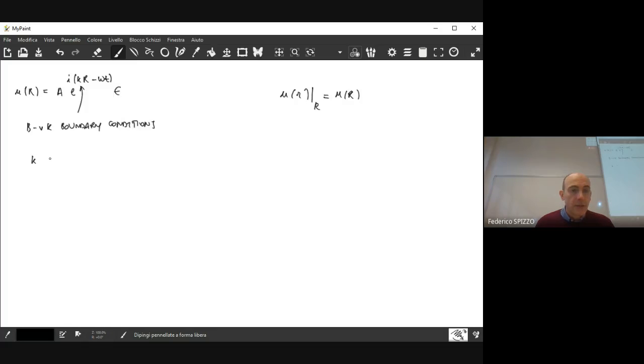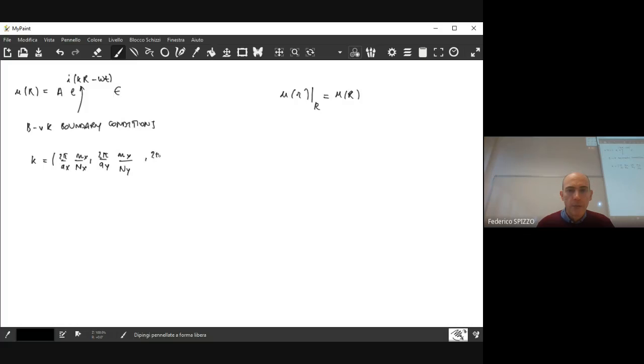So the final point is that the k vectors are described, if we use the cubic lattice approximation, as 2 pi over ax times an integer divided by the number of ions along the x direction. Then we have 2 pi divided by ay, another integer divided by ny, the number of ions in the y direction.